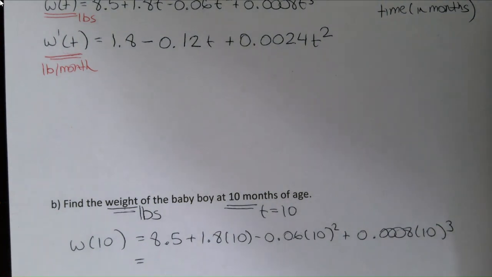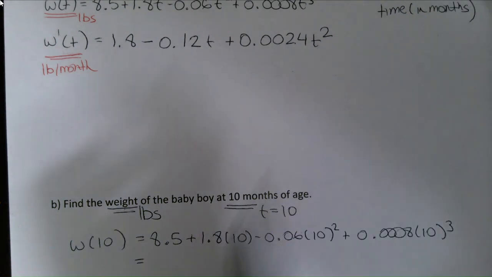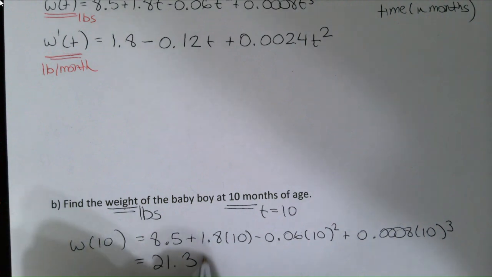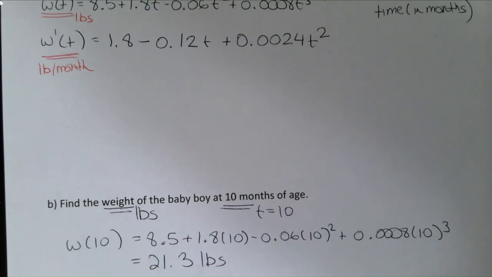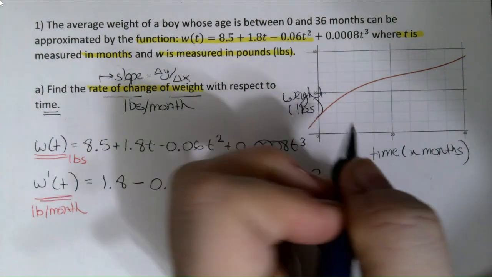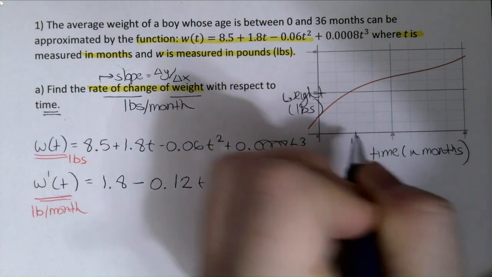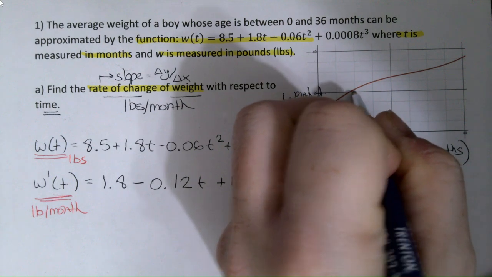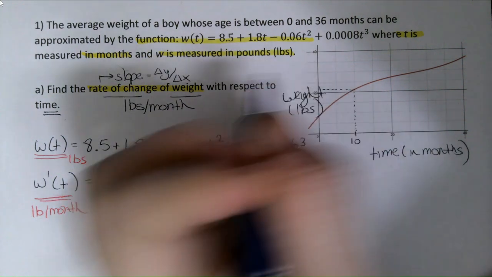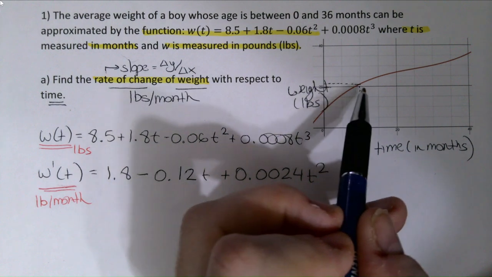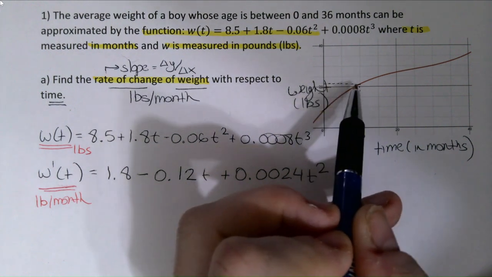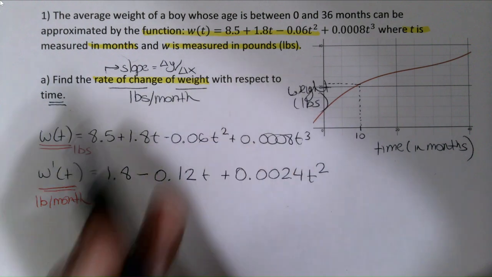We get 21.3 pounds. So at 10 months, we have 21.3 pounds. Here's 10 right here. We should be along the y-axis at about 21.3 pounds, which looks pretty close. Okay, so my lines aren't straight, but yeah, that looks like that's what we're getting.